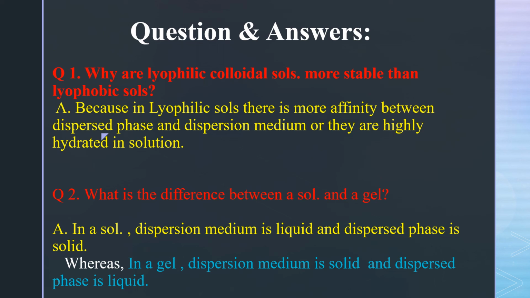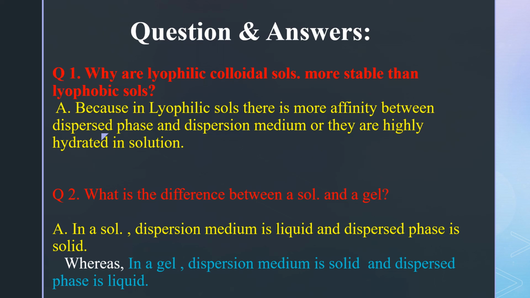That's why the stability of lyophilic colloidal sols is more as compared to lyophobic colloidal sols. Because in case of lyophobic colloidal sols, the affinity between dispersed phase and dispersion medium is very less, or even no affinity, so their stability is also less as compared to lyophilic colloidal sols.